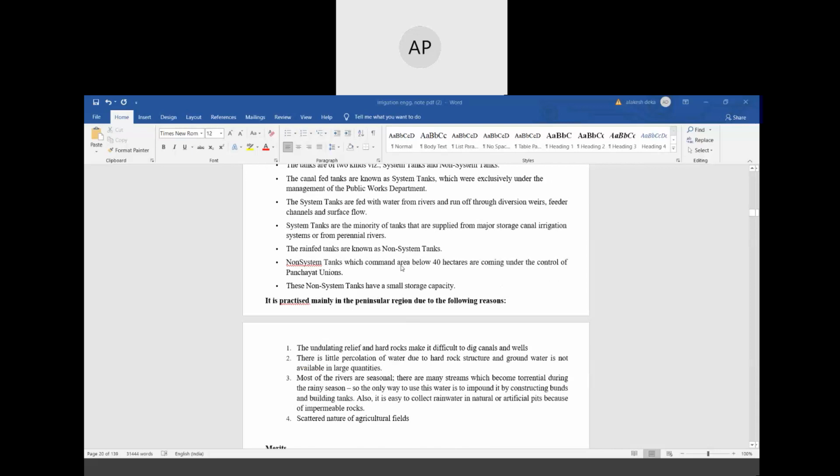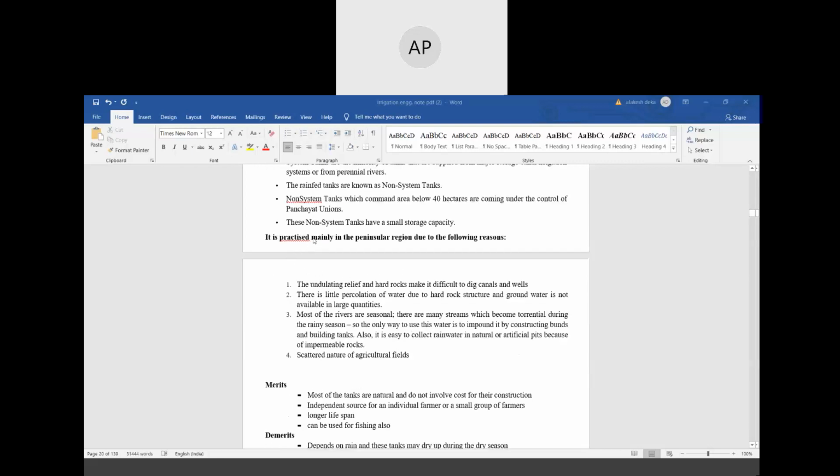And non-system tanks, whose command area is below 40 hectares, come under the control of panchayat unions. It is mainly in the peninsular region due to the following reasons. Why is it used in the peninsular region? The undulating relief and hard rocks make it difficult. Most of the rivers are seasonal.